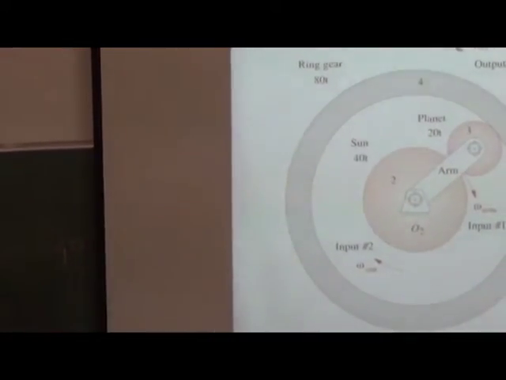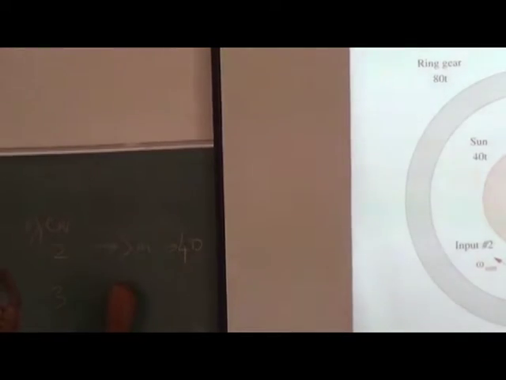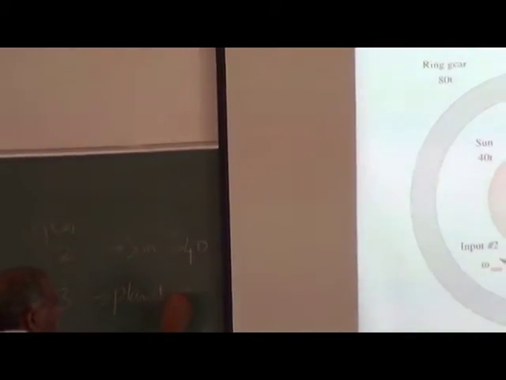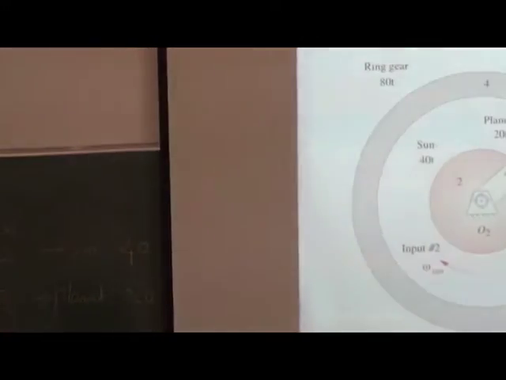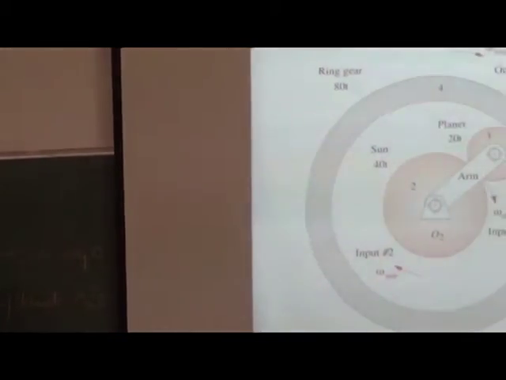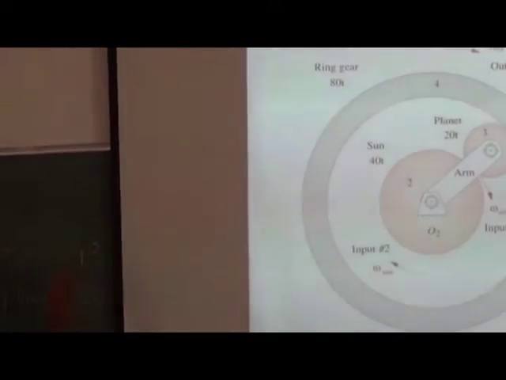Then you have a planet gear, that is gear number 3. It has 20 teeth. Then you have a ring gear, given as gear number 4. That is your ring gear. It has 80 teeth.